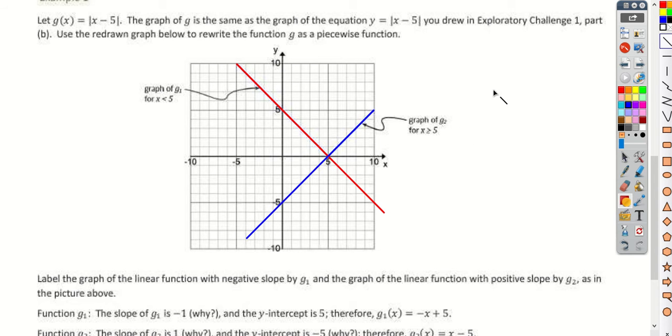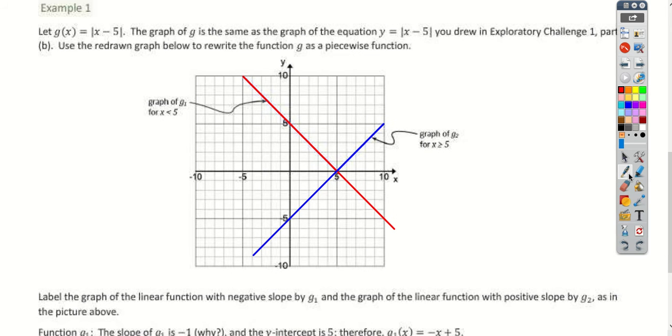And so we can see that these two lines are actually linear equations. This first one, and I'm going to do this one in blue, has a slope of going right one, up one, of 1, and the y-intercept is located down here at negative 5.